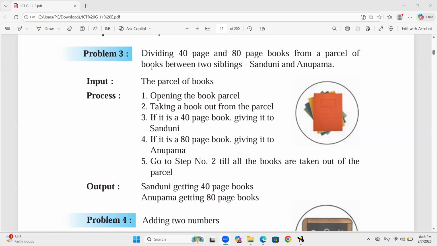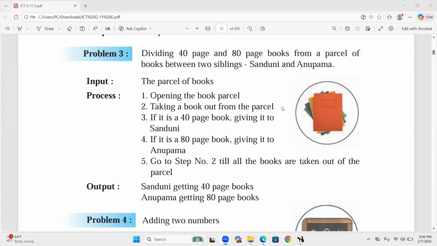When the book is 80 pages, then give it to Anupama. Then go to step number 2 till all the books are taken out of the parcel. So repeating the same process again and again until we get the output, right? So the output of this process is Sanduni getting the 40-page book and Anupama getting the 80-page book.